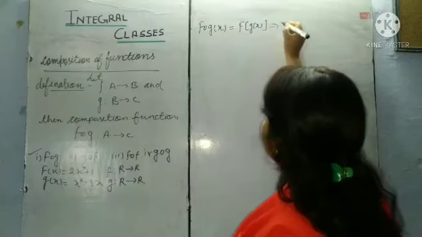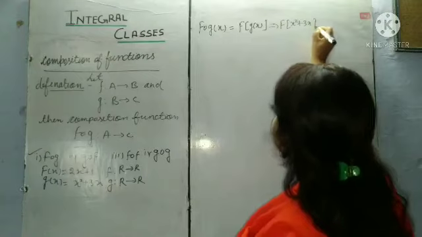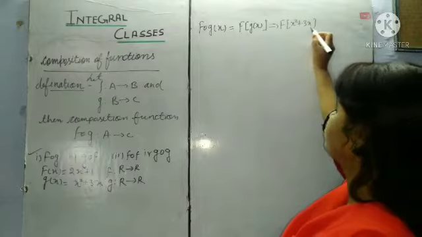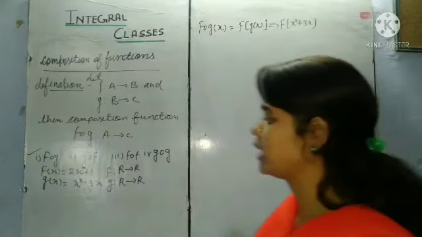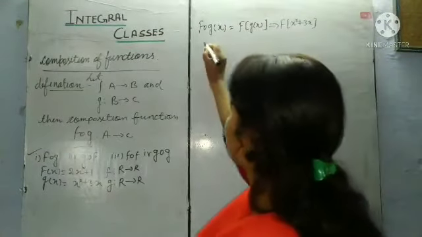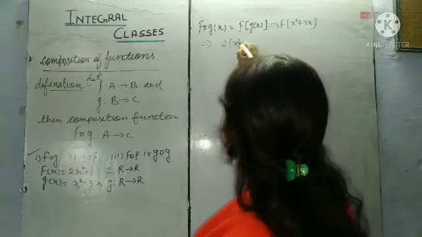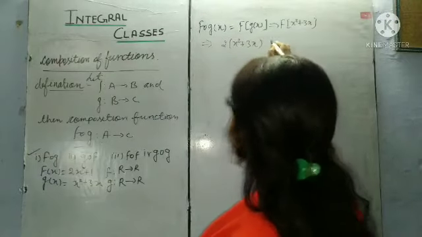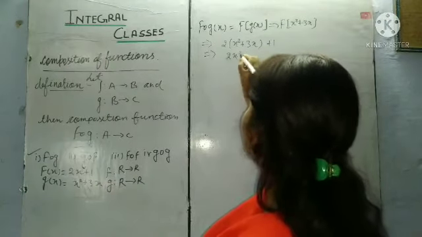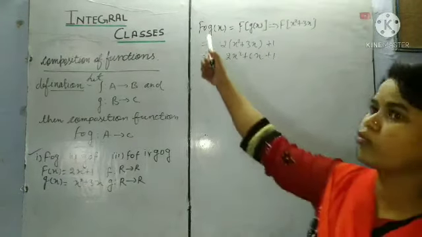So now we put f(x² + 3x). We replace x by x² + 3x. So we get 2(x² + 3x) + 1. Then the answer is 2x² + 6x + 1. It is the value of fog.